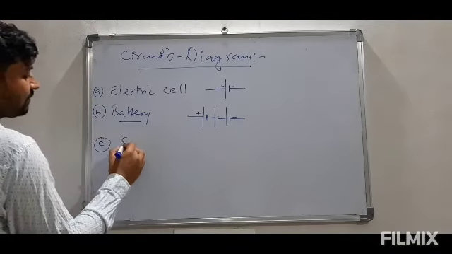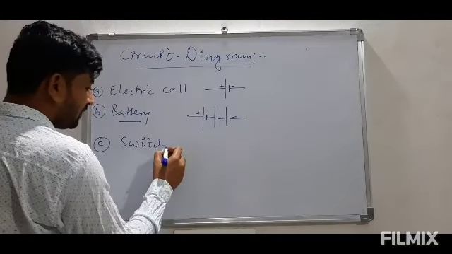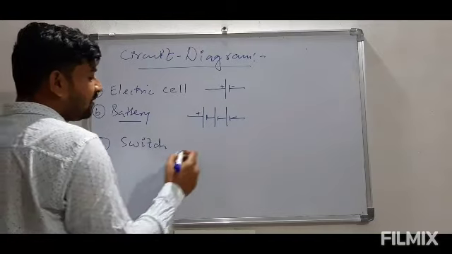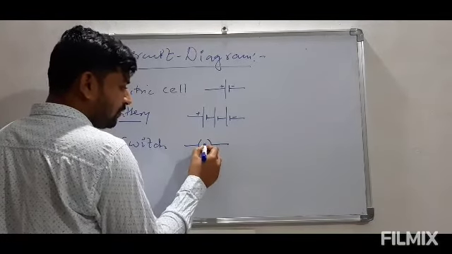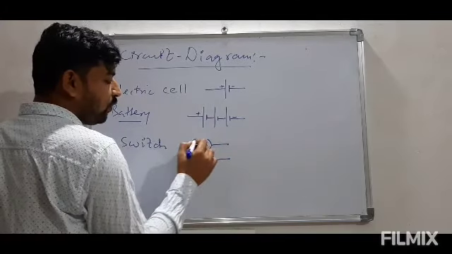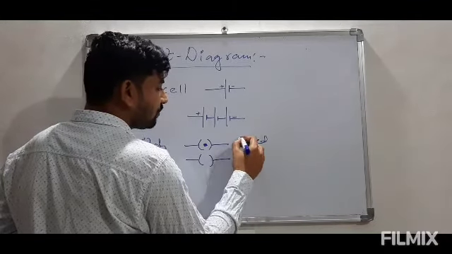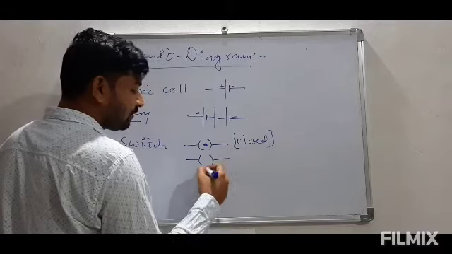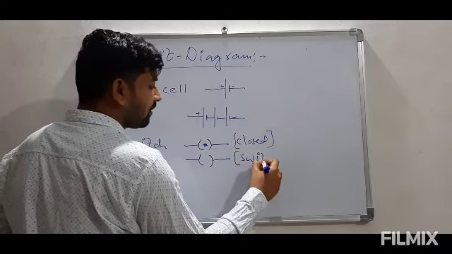Then we have the switch. As you know, a switch is used for turning on and off the things which are connected in the circuit. So a switch has two positions. If you are drawing it this way and if you are drawing it this way. If one dot is in between, we call it a closed switch, closed position, and if there is no dot in between, then we call it an open switch.